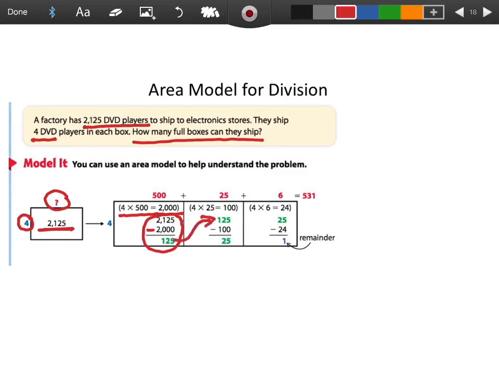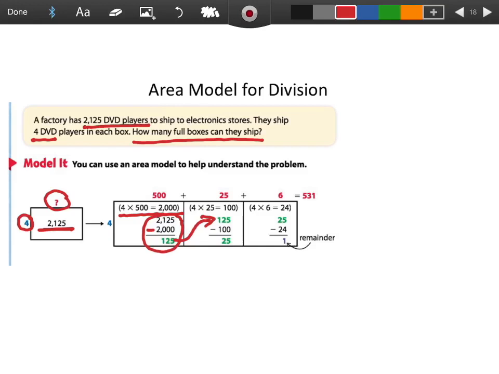So now, let's think. Can I pack 20 boxes with 4 DVD players? Yeah, that's 80. Maybe I could get a little bigger. Could I pack 30 boxes? Yeah, I could pack 30 boxes. You know what else? I could also pack 25 because I really like thinking quarters.